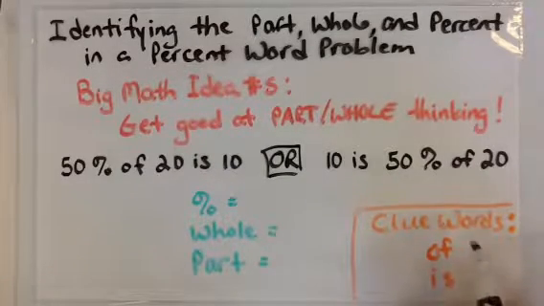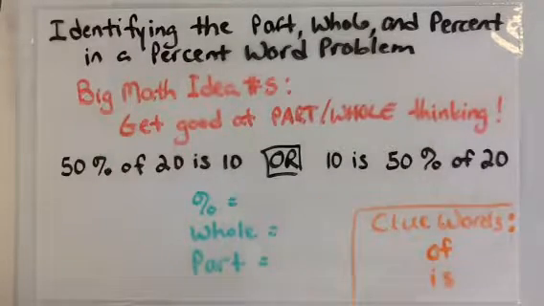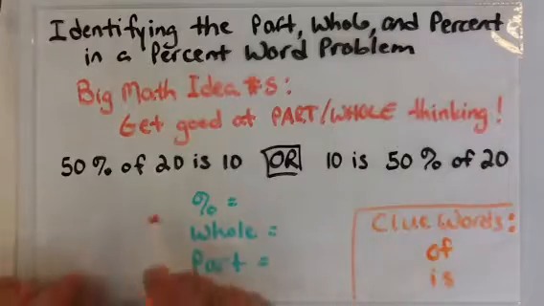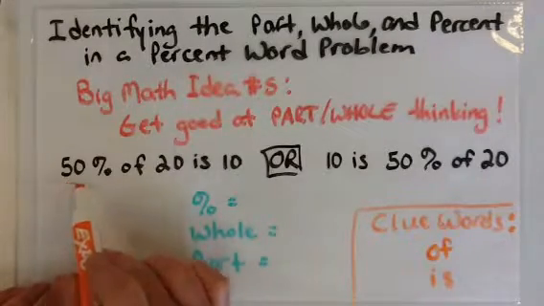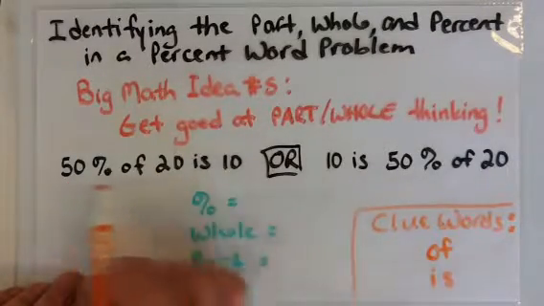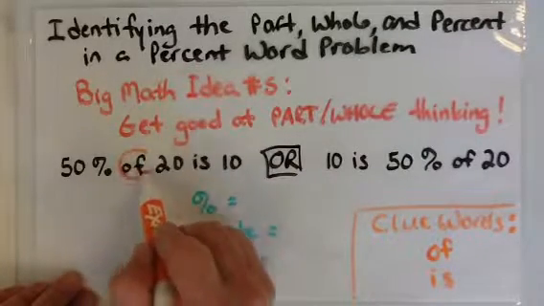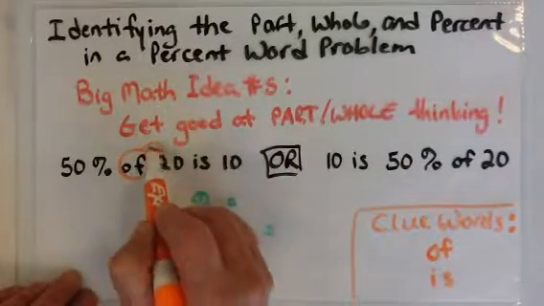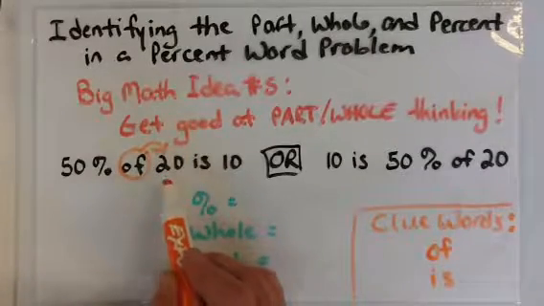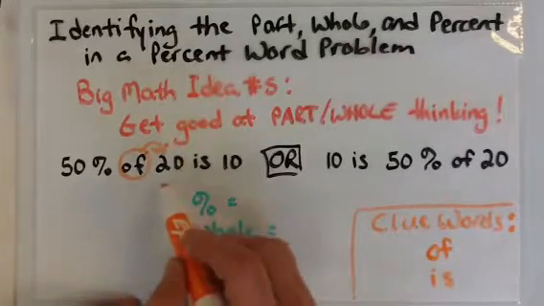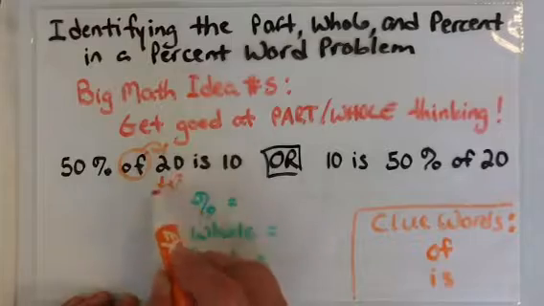And the clue words in these statements are the words of and is. So I'm going to tell you, if I can find my orange pen, here it is, I'm going to tell you that in a percent statement, as we have here, the number that comes after the word of is the whole. So I'm going to label the 20 as the whole.